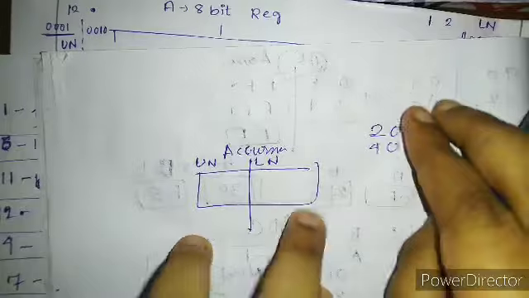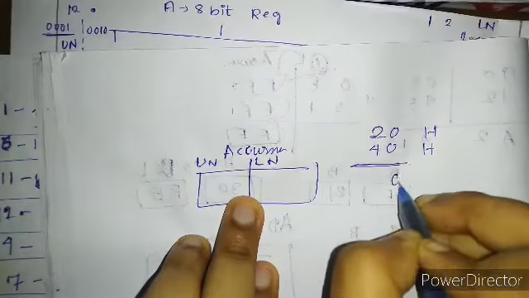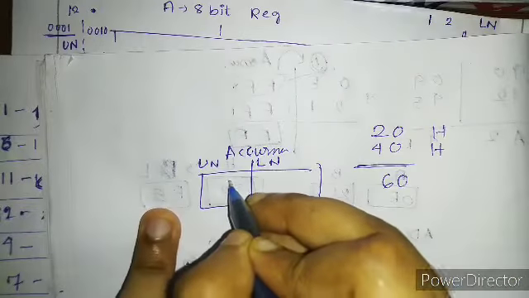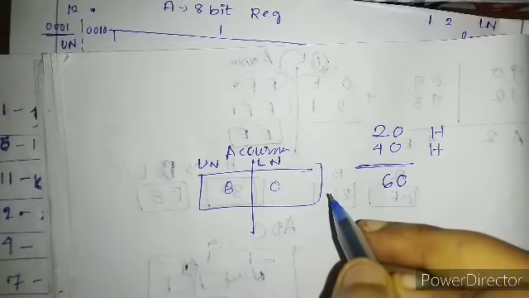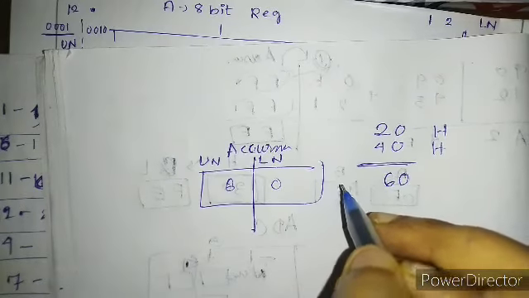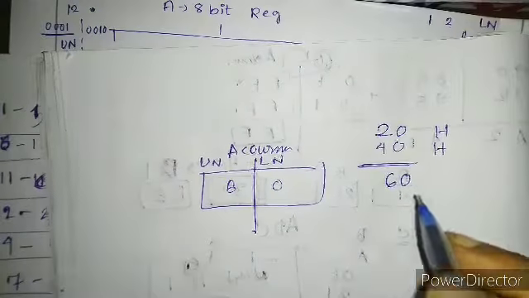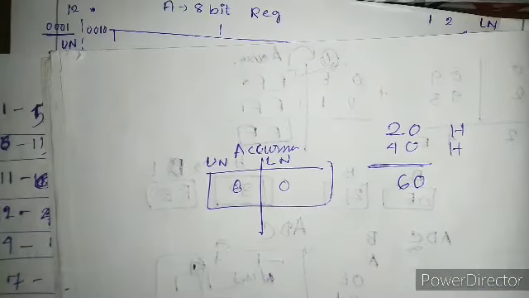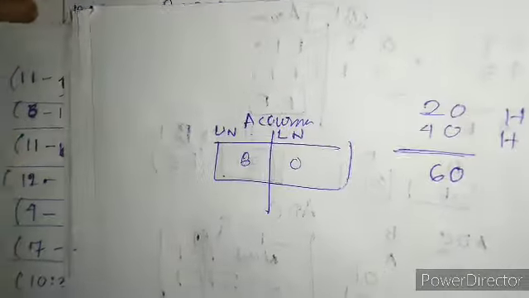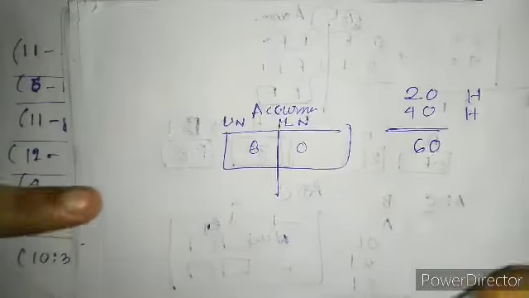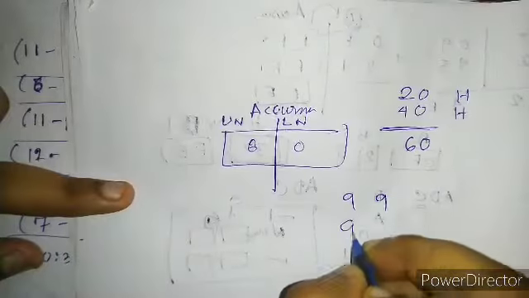For you, these are only 20 and 40. For the computer, it is hexadecimal, so the result will be 0 and 6. The accumulator stores the result 0 and 6, which gives you 60. Are you happy? Done. Now, if in any case this doesn't work, maybe you have to operate on large numbers. What do I mean by large numbers? We can only operate on decimal numbers, right? What is the largest decimal digit? 9, a single digit 9. But in 8-bit numbers, it could be 99 and 99.